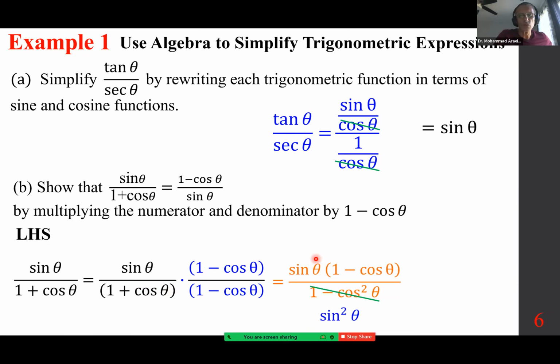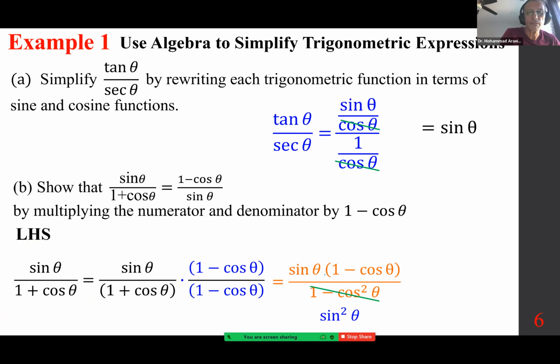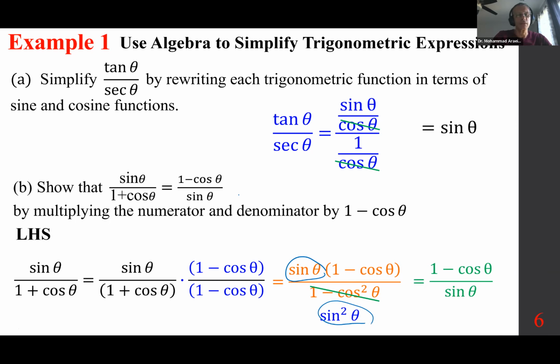So this sine goes away, and this becomes sine theta. So the denominator changes to sine theta. And that is the proof that the two are identical.